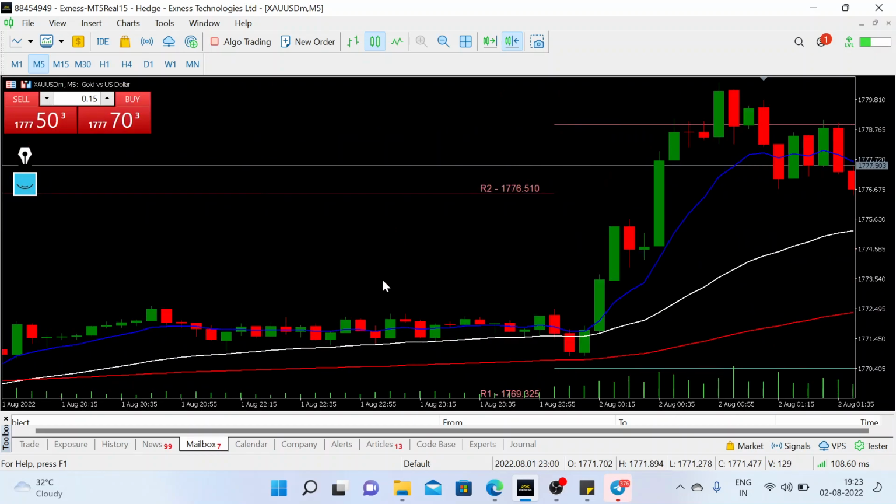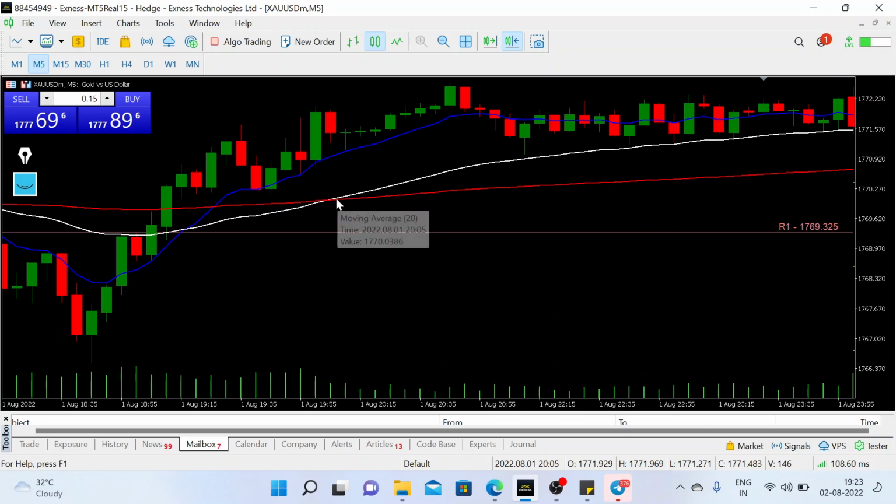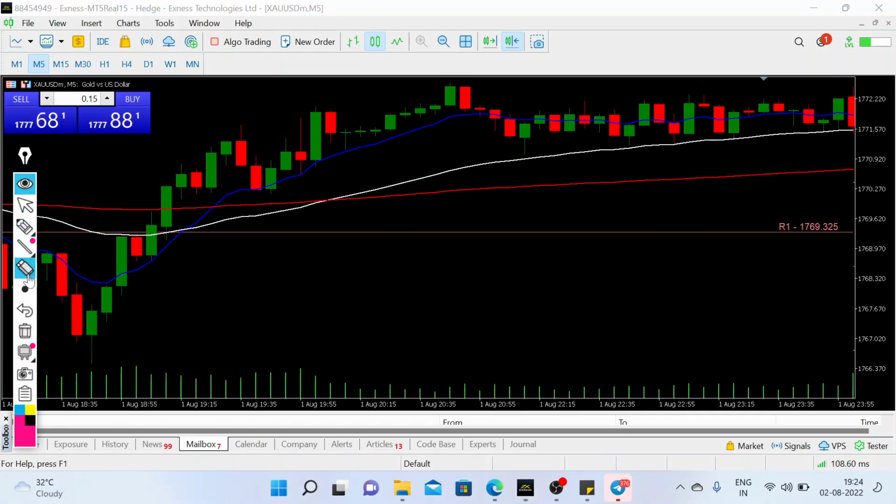And here, this one. This is another good example. Here you can see the crossover of the 5 over the 144 moving average, and you can see the good movement, like $2 to $3 you can easily catch.